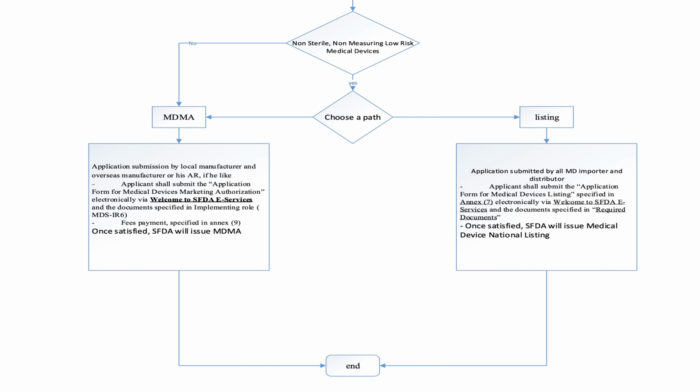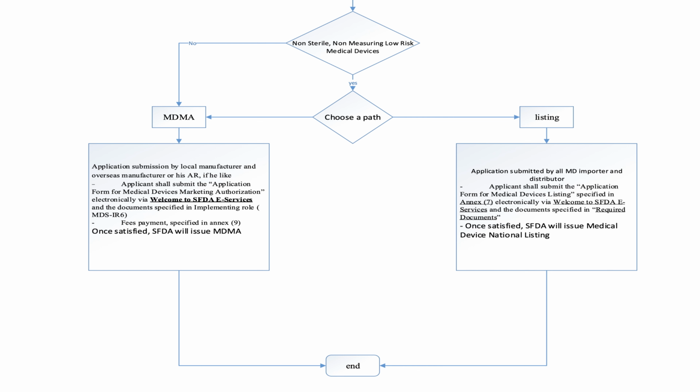Now going to the second roadway, if your medical device falls under non-sterile or non-measuring, then you need to follow the second roadway which falls under the yes category. For this, you need to choose a pathway to get your product listed first. In order to get your product listed, the application is submitted by the medical device importer and the distributor.